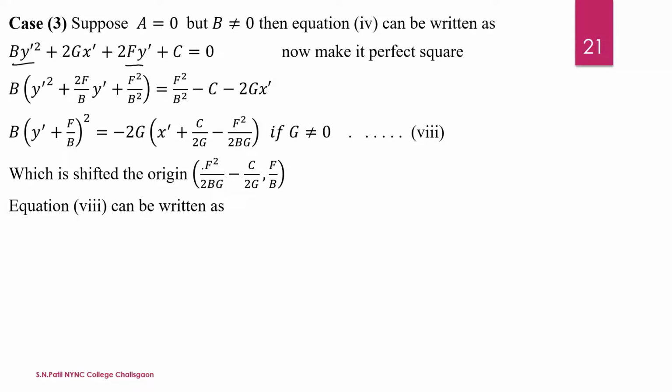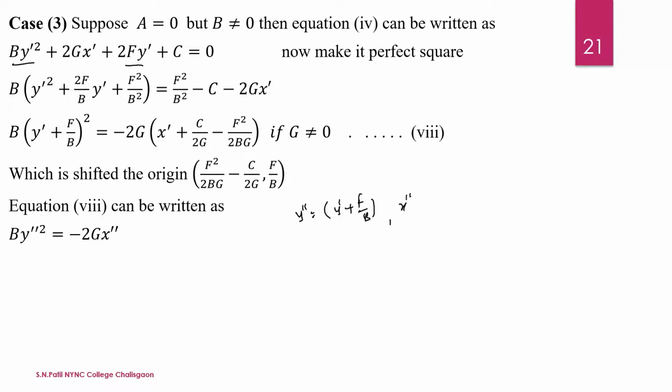So what do we get? Y double dash squared b is equal to minus twice g x double dash. Okay, means what? Y double dash is equal to y dash plus f upon b.